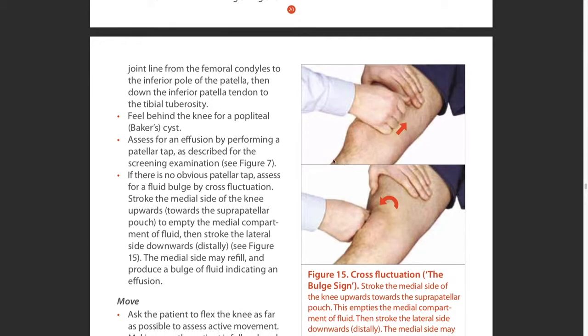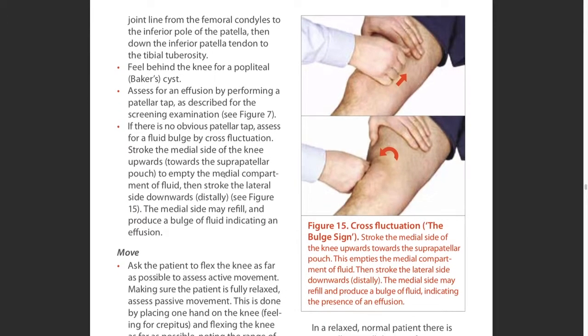Assess for an effusion by performing a patellar tap as described for the screening examination. If you're not sure what this is about, go watch the video on GALS. It's explained over there. If there is no obvious patellar tap, assess for a fluid bulge by cross fluctuation.